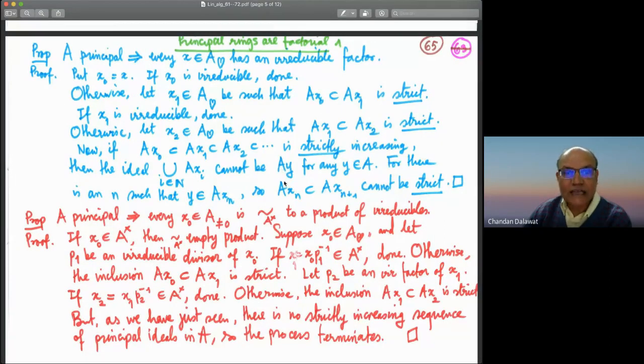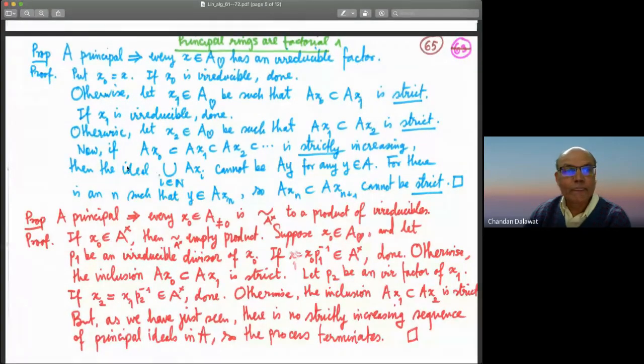So if it's Ay for some y, then there'll be some index to which this y belongs. But then this inclusion of Axn in Axn plus 1 cannot be strict.